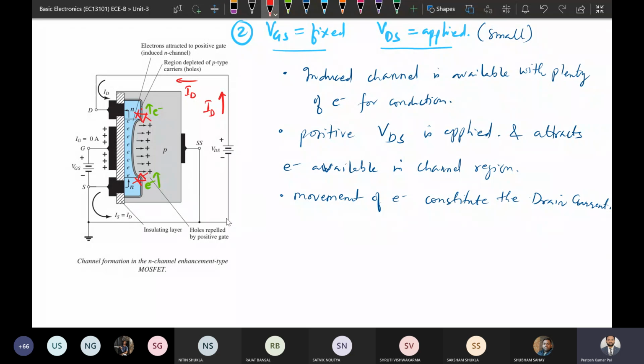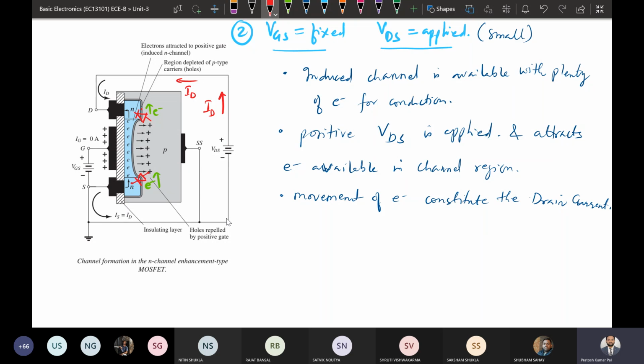But on this source side, the terminal is connected to ground, and the substrate terminal is also connected to ground. So both sides are at the same potential, that is, connected to ground and also connected to ground.